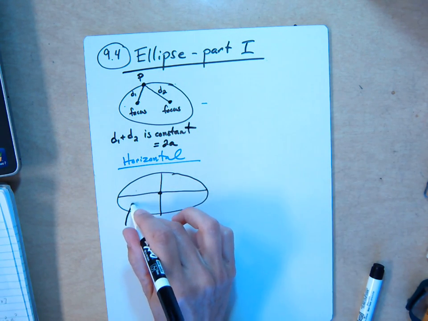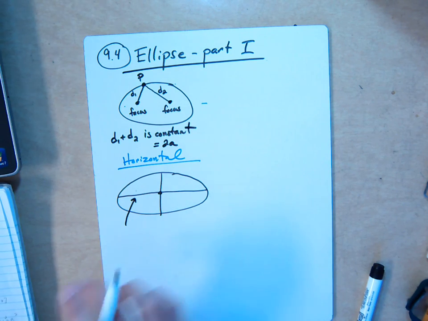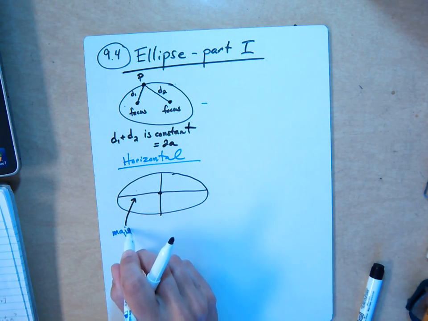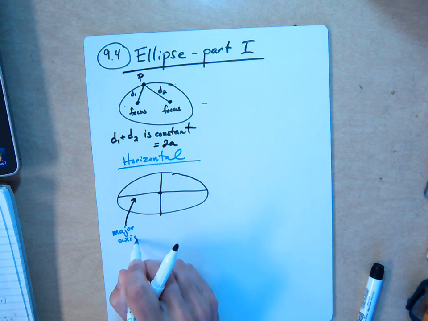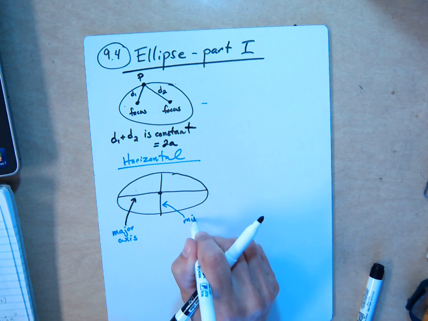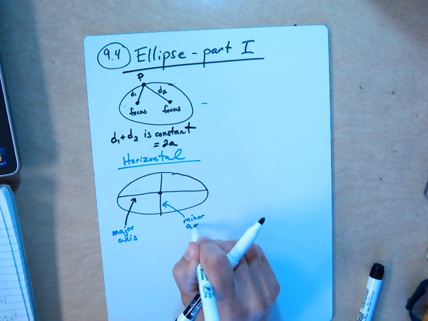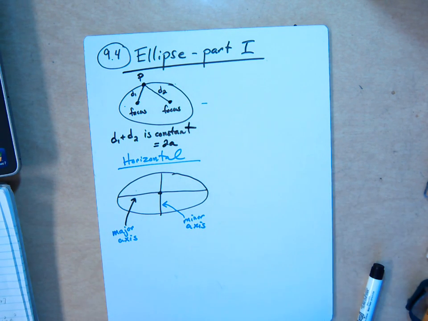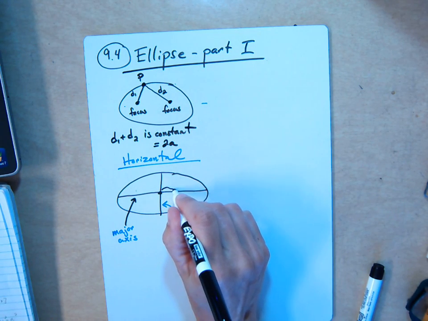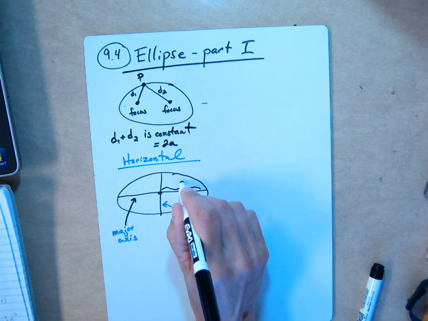So we need to label these. Major axis is just the longer one, and this is the minor axis, and this distance here is a, just arbitrarily a.